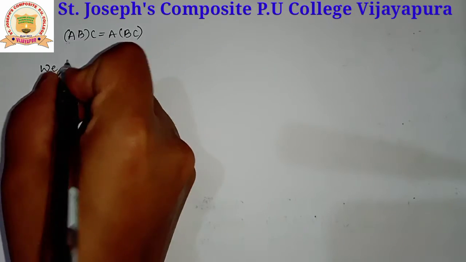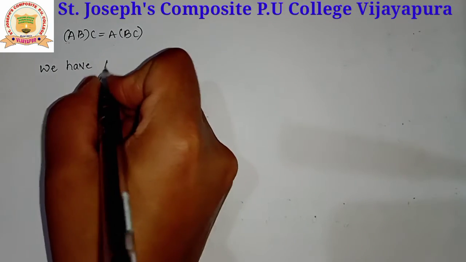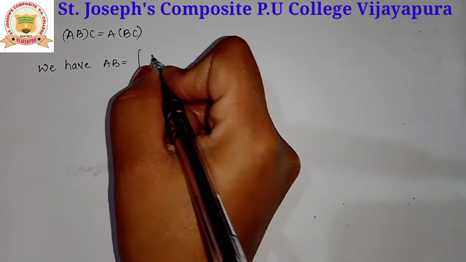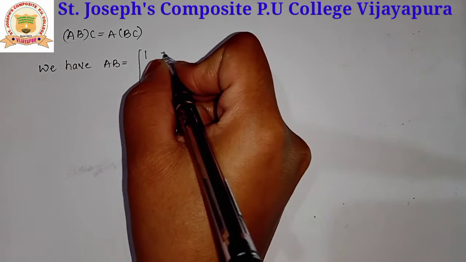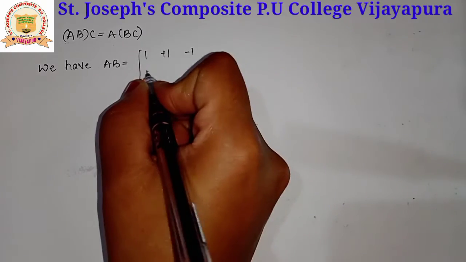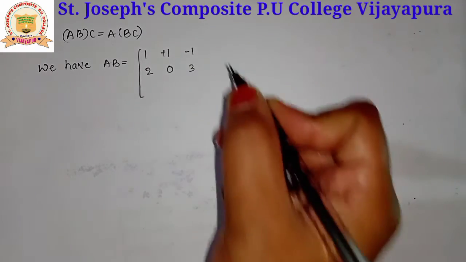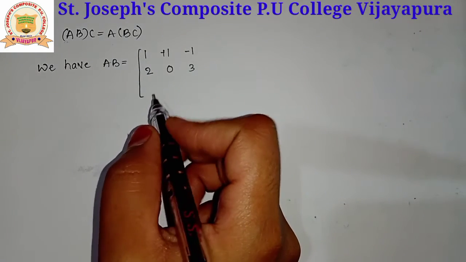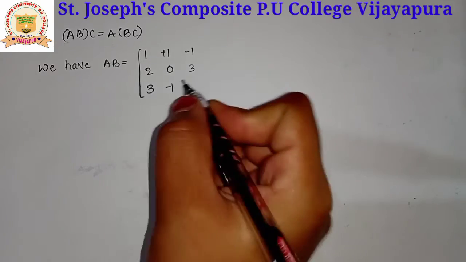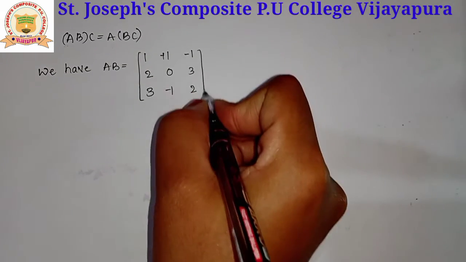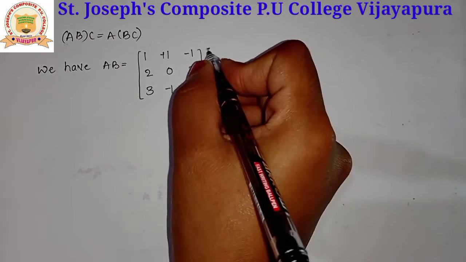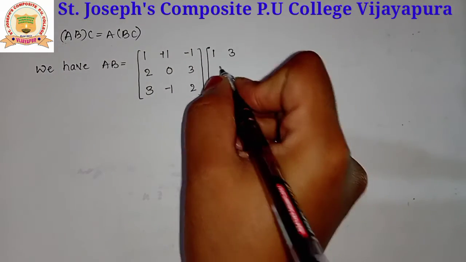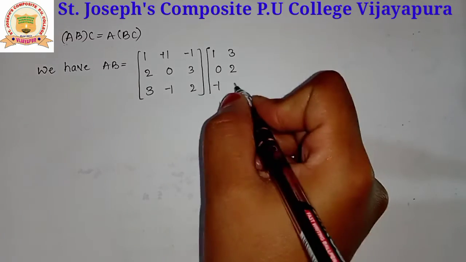So we have matrix AB is equal to matrix A, of order 3 by 3, 1, 1, minus 1, 2, 0, 3, 3, minus 1, 2, and B is of order 3 by 2, 1, 3, 0, 2, minus 1, 4.